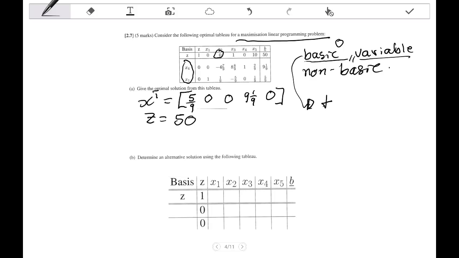Why? Because it doesn't have a 0 here, and there's also not a 0 there. So our x2 is not classified as a basic variable. It's a non-basic variable.